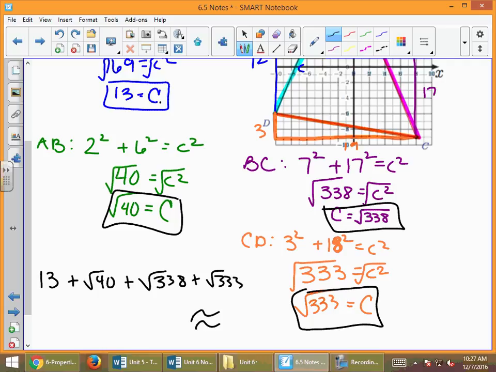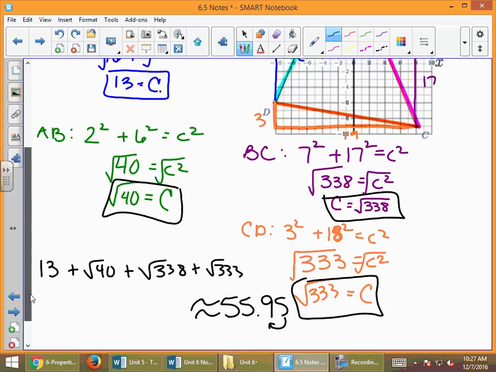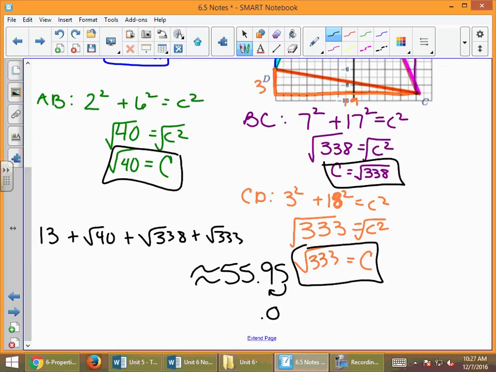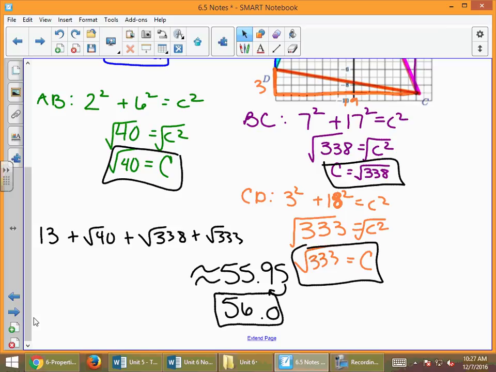Lexi, what'd you get? So you have 55.95. So when you round to the nearest 10, that 5 bumps it up to a 10. The 1 carries over, so it becomes a 56. Done. Someone's going to say, do I need that 0 there? Yes, you do.